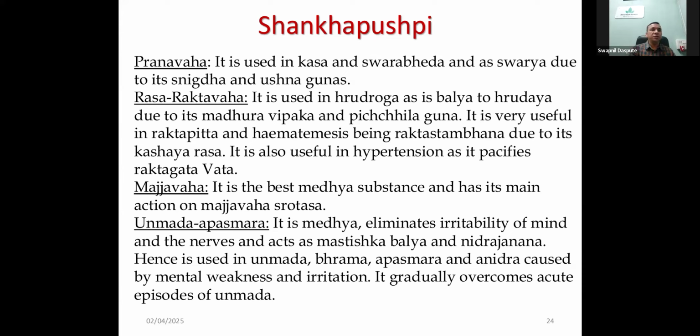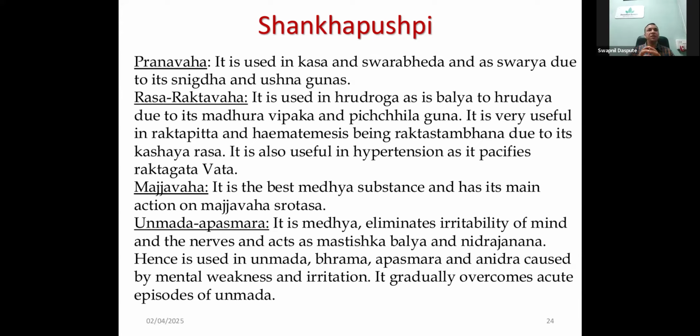Rasa and Raktavaha Srotas: it is used in Hridroga as it is Balya to Hridaya due to Madhura Vipaka and Pichchila Guna. It is useful in Raktapitta and in hematemesis. Hematemesis is vomiting with blood.